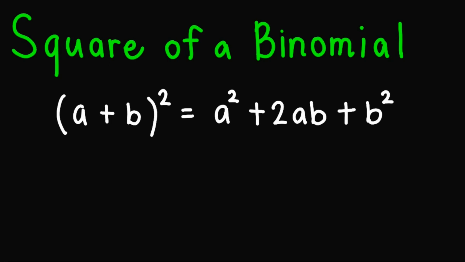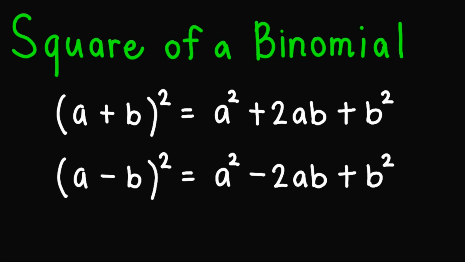Now for the minus version or the difference version, the outcome is just similar. But take note that since we have a minus out here, we also replace the minus in the middle term. So these two are the things that we need to take note in answering the examples later on.